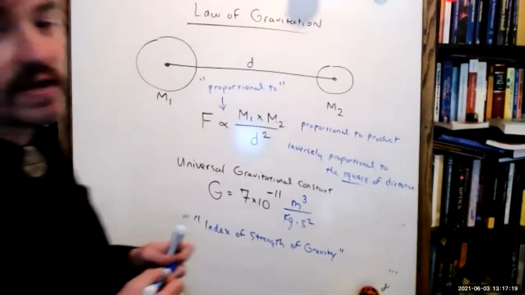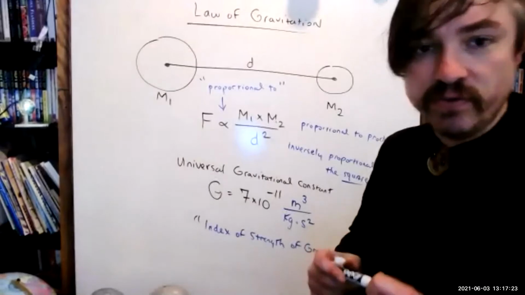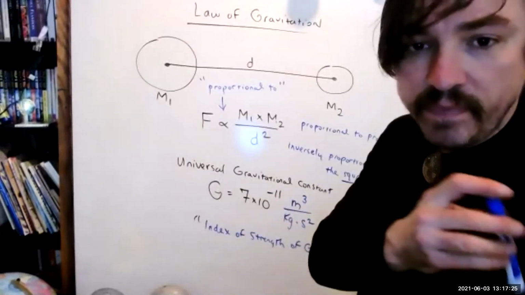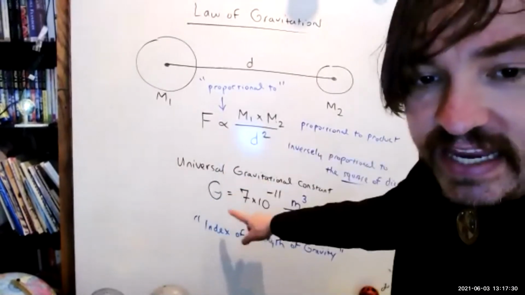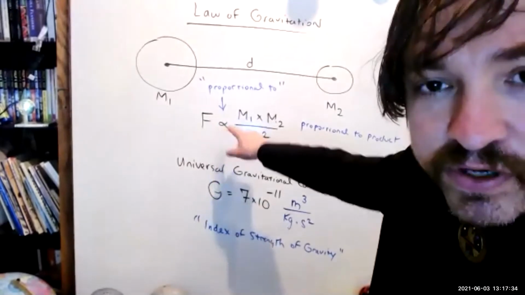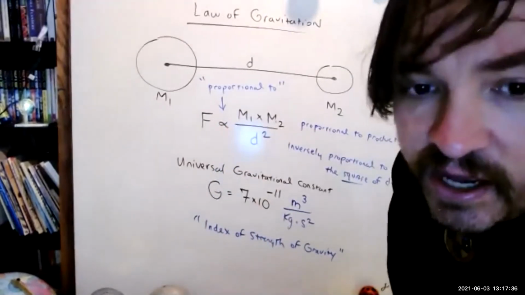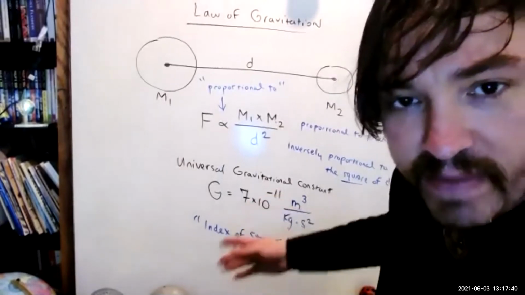To be honest, folks, my history is a little bit rusty. I think because Newton was such a genius at mathematics, he probably understood that he needed a number like this to turn his proportionality into an equal sign. But Newton would have had no way of knowing how to discover this or to measure it.